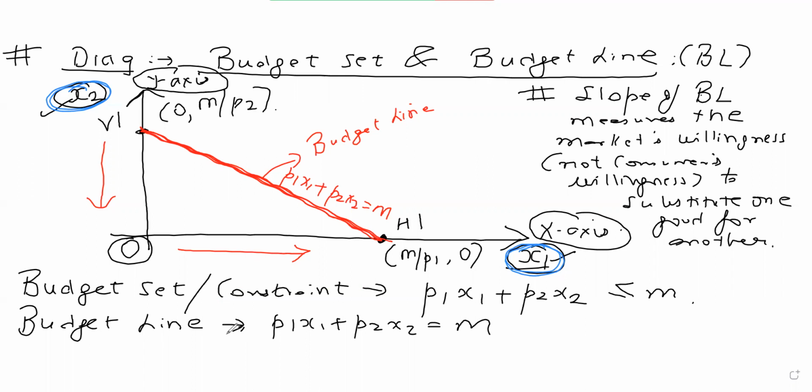So guys, how will I show the budget set in pictures? All the blue portion, including the budget line.